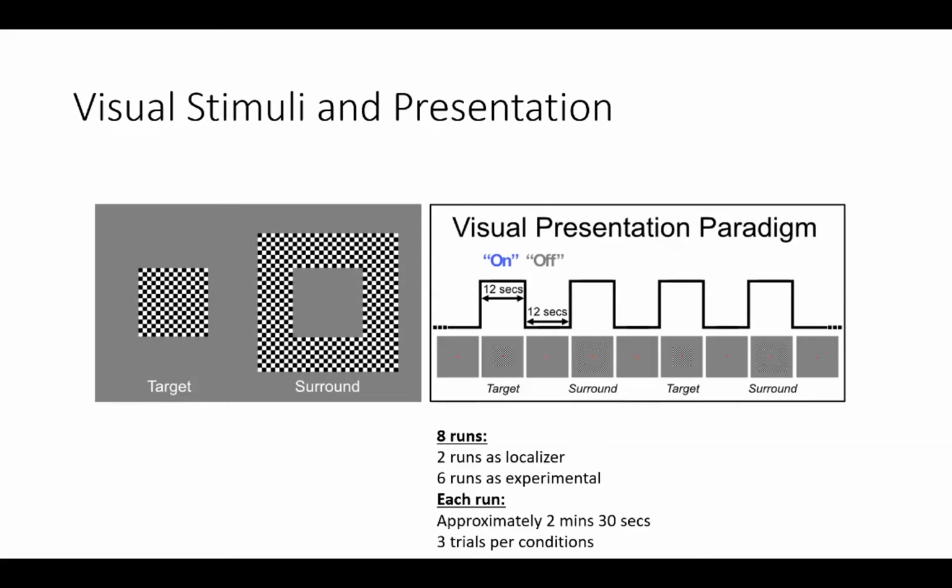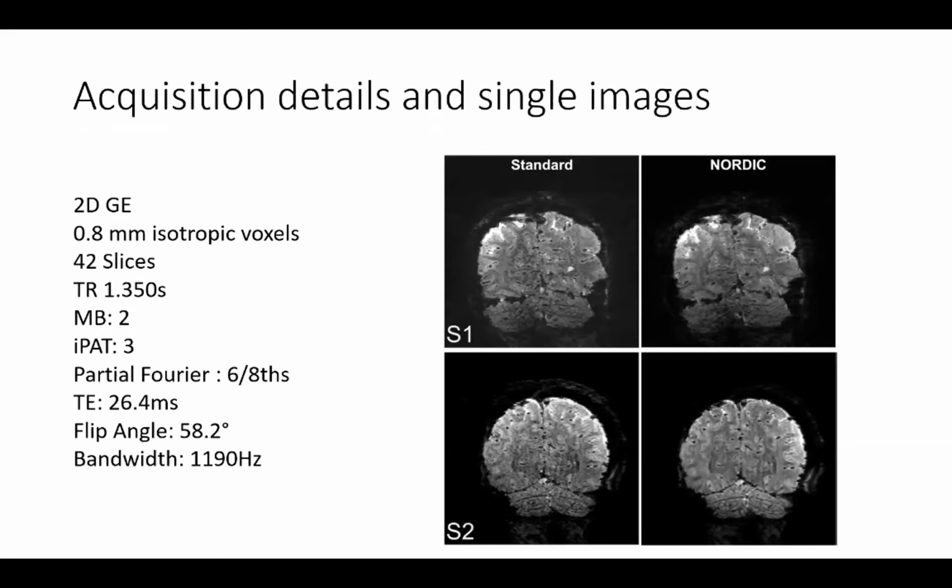We acquired 8 runs. 2 runs were used to identify the retinotopic representation of the target in V1 and were excluded from further analysis. The remaining 6 runs were used as experimental runs. As I said, 3 trials per condition. Each run was about 2.5 minutes.